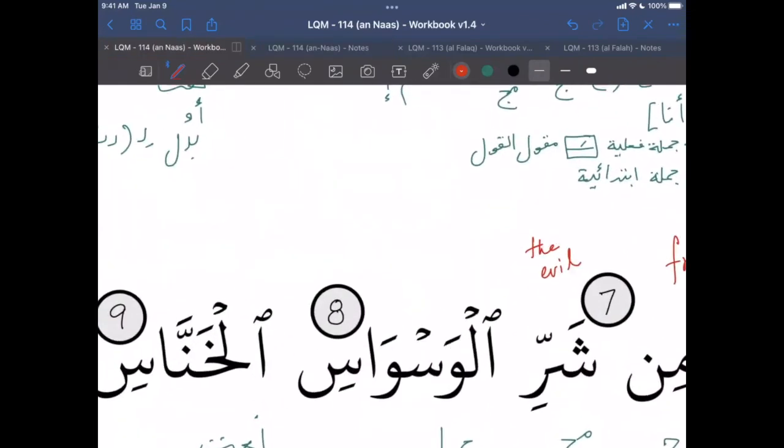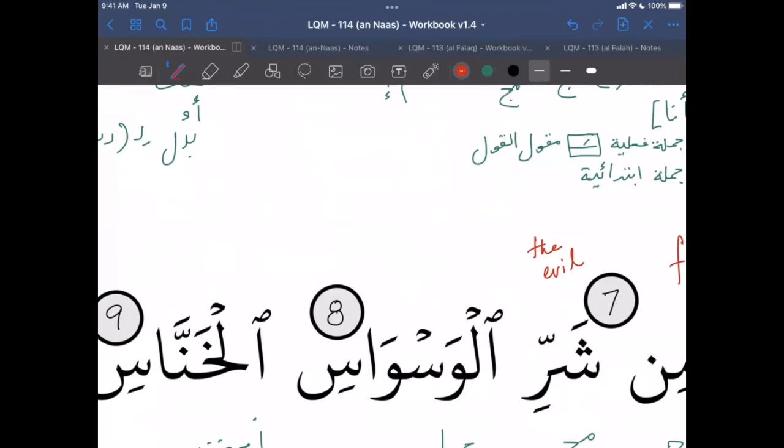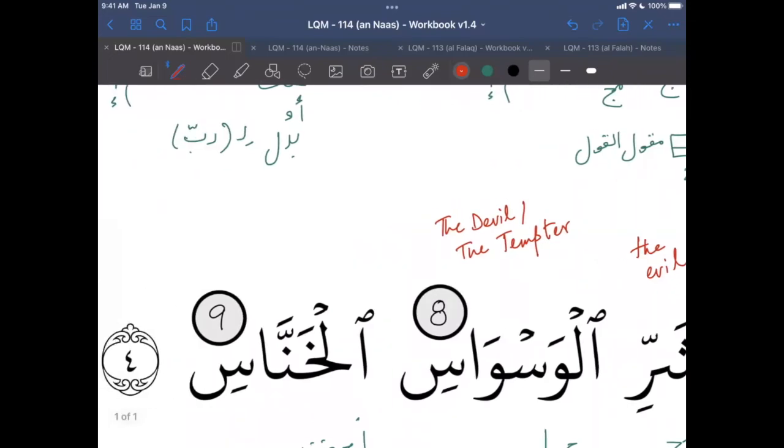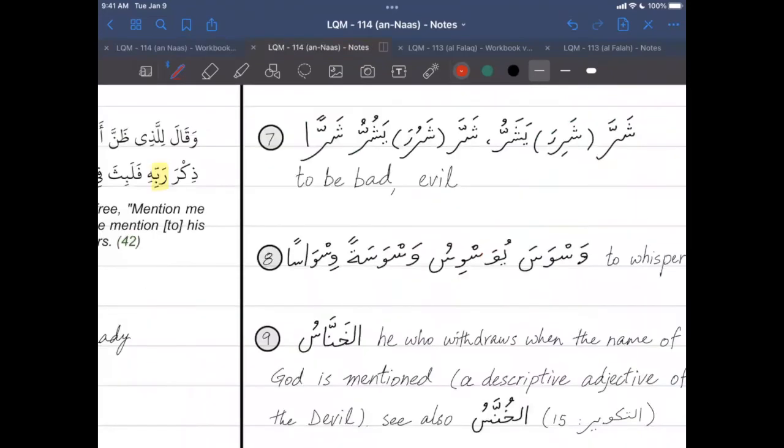Waswas, the typical translation is the devil, or the tempter, the one who tempts. From the evil of the devil or the tempter, and then al-Khannas is a naat for it. And let's look at the meaning for the Khannas.